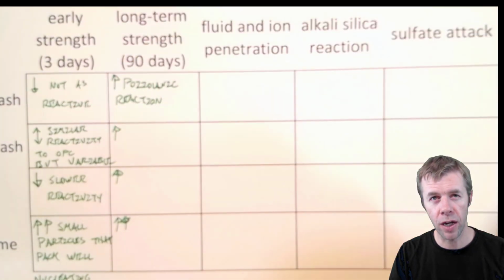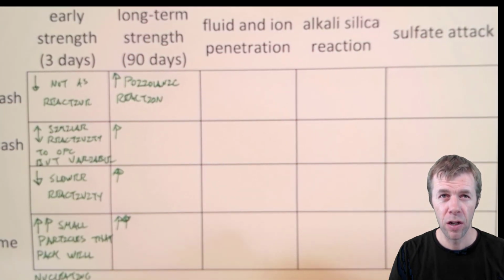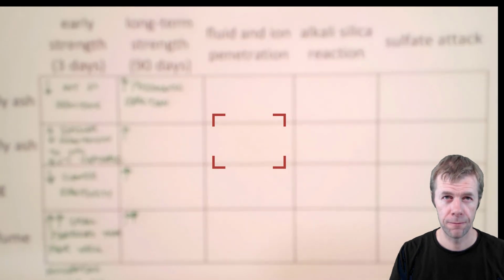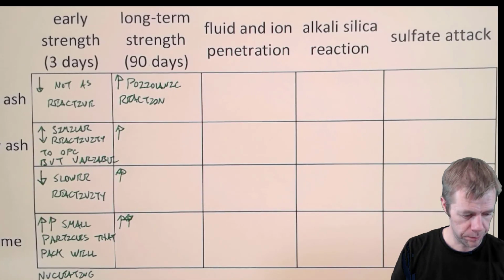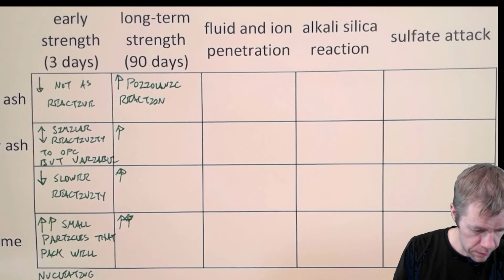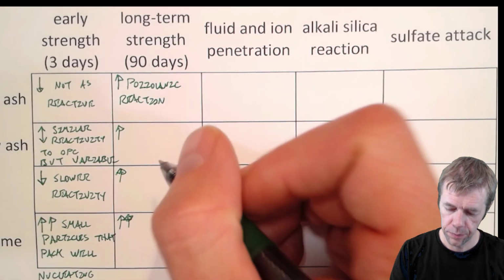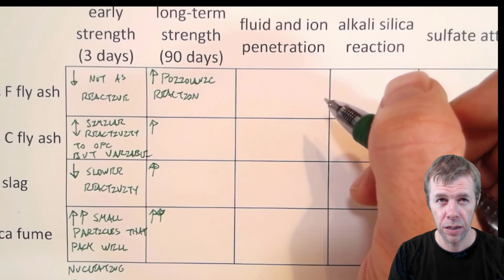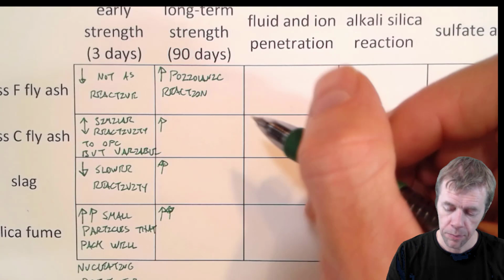Consumes the calcium hydroxide, forms more CSH, forms it in a structure that's more effective. Why does long-term strength gain go up for Class C fly ash?